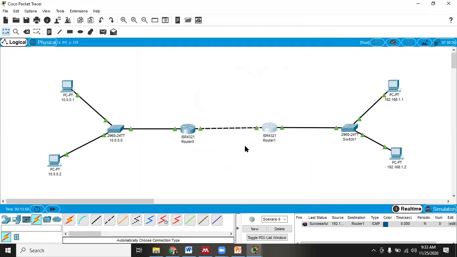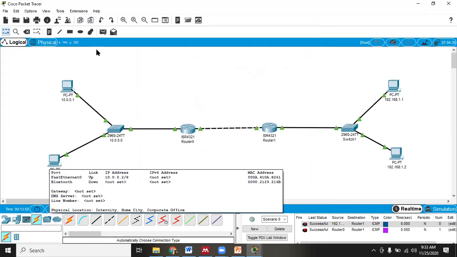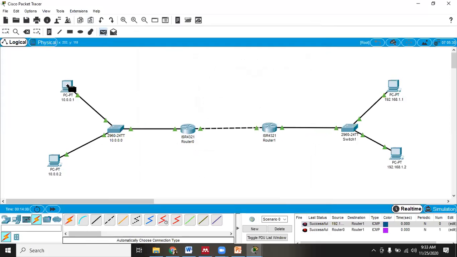You can see these routers are now active, and we will check partially whether this is working. From this PC to this PC we are able to communicate. From PC to router 0 we are able to communicate successfully. From this PC to this PC we are able to communicate successfully.